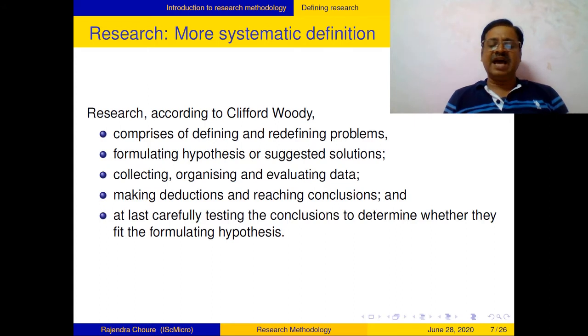Here we learn that research involves a reiterating process of asking questions and answering the questions. Everywhere they collect, organize, and evaluate data in a systematic way. They analyze the data to make deductions and then reach the conclusions. Those conclusions will be tested further to determine whether they fit the formulating hypothesis.